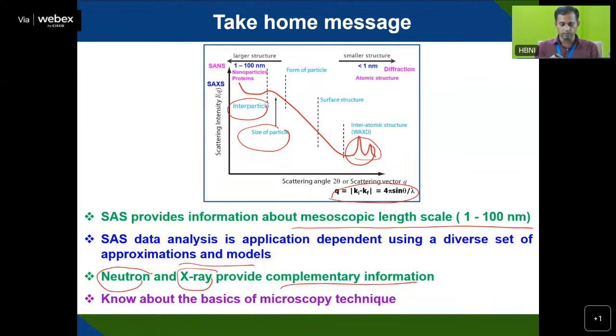From that interaction volume, it either produces backscattered or secondary electrons, used in the scanning electron microscope, or transmitted electrons, used in the transmission electron microscope. In the next class, we will mainly study the transmission electron microscope and scanning electron microscope. These two we will cover in the next class.